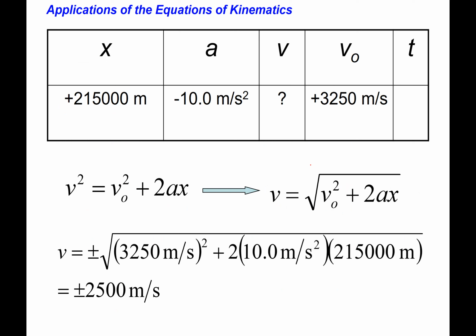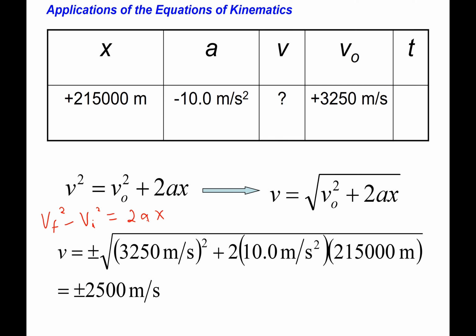But what if in this problem I knew the final velocity and I was asked to find any of the other variables? So I was asked to find the acceleration. From this equation, I would have to rearrange it to solve for the acceleration. Of course, I write my notation a little differently. So I have v final squared. This needs to move to the other side. And if it's positive on the right side of the equality symbol, on the left side I will be subtracting it. It will be negative. So that would be 2ax.